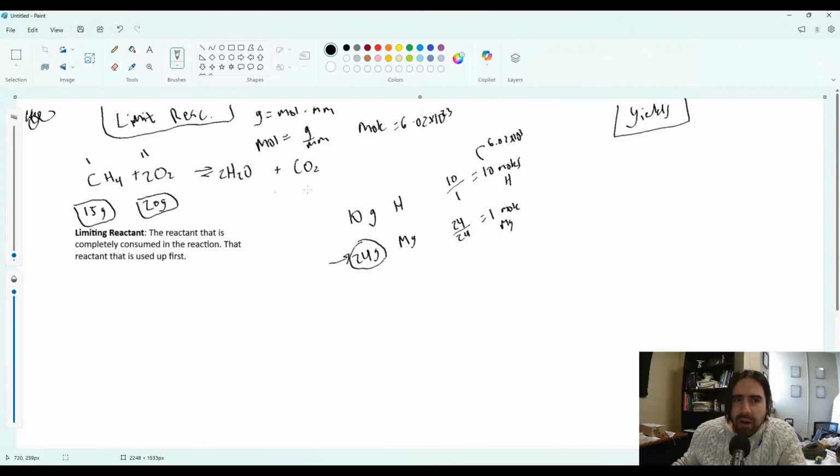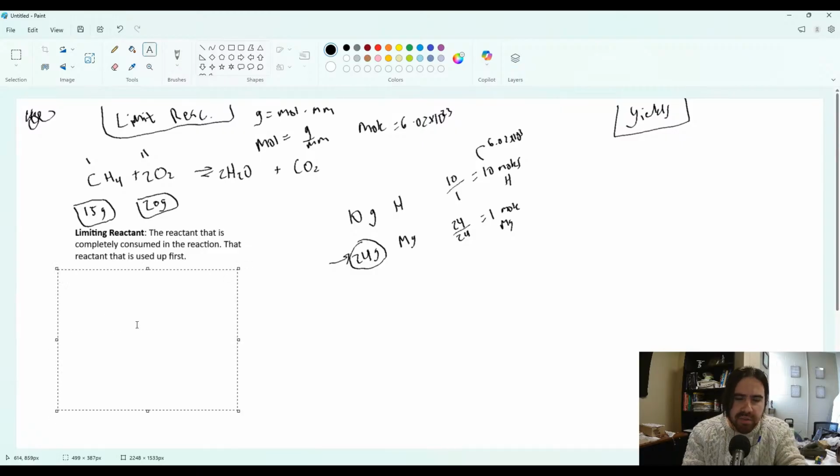Now, how would we go about solving for a limiting reactant? There's a couple of steps that we're going to do, and then I'll walk through this with this example, okay? So how to solve for limiting reactant. Number one, convert grams of each reactant to moles, okay?